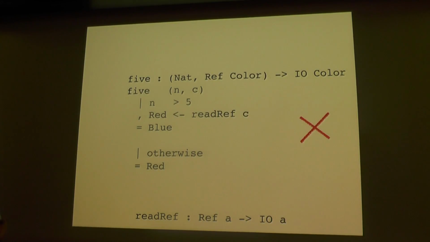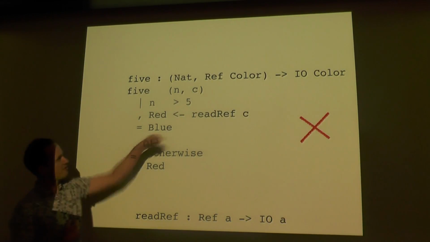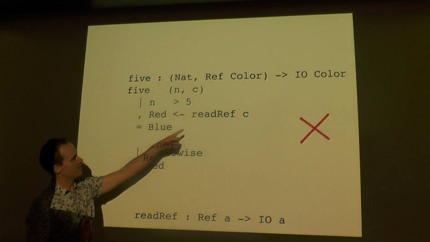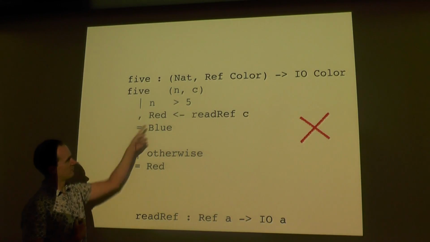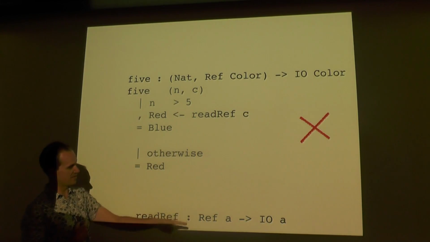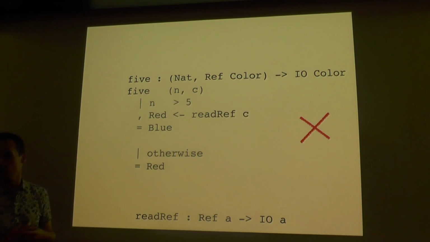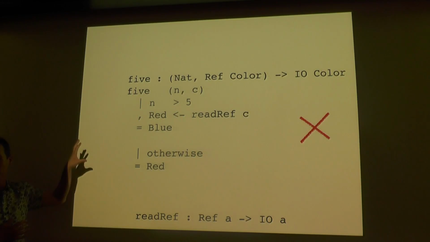So I want to read my reference in the right of a pattern alternative guard, but I can't do that because red has type color and readRef c has type IO Bool, and the types don't match. And then there's no do notation which I can write in this form which makes this work. I have to completely rewrite this function, which, yeah, sad story.